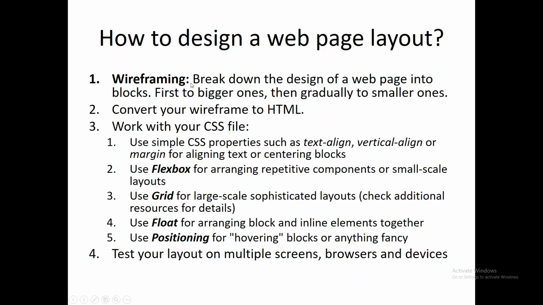So we convert these blocks into divs and spans and everything. You have to convert your wireframe to HTML. And once you have the semantically correct, hierarchically correct structure, then you can start writing the CSS.